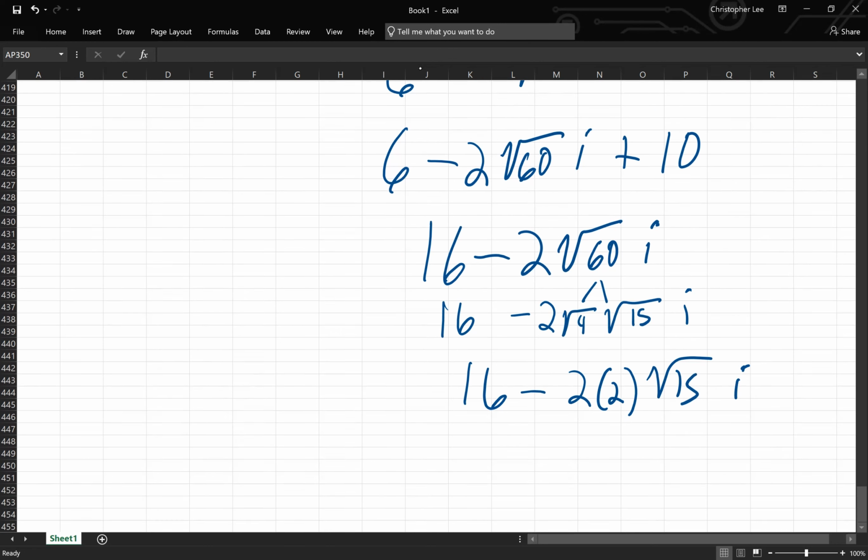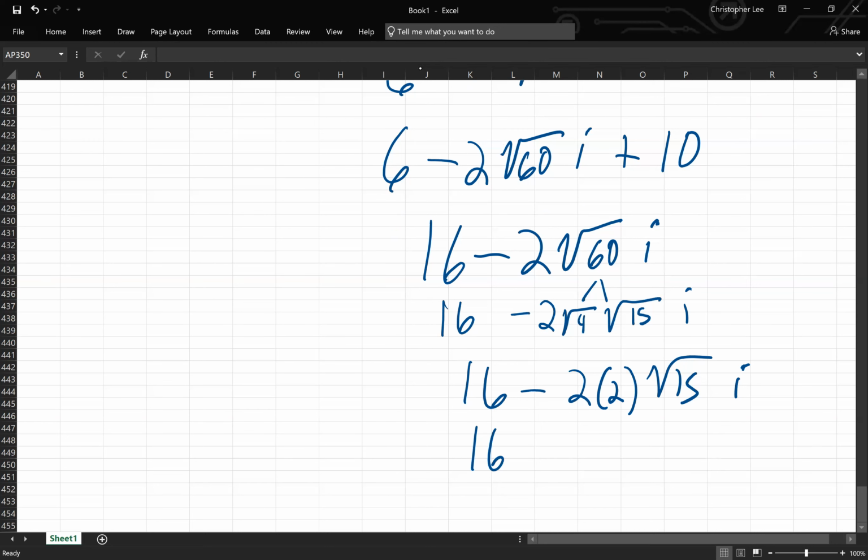And then 2 times 2 is what, 4? Negative 4 square root 15, and then what?